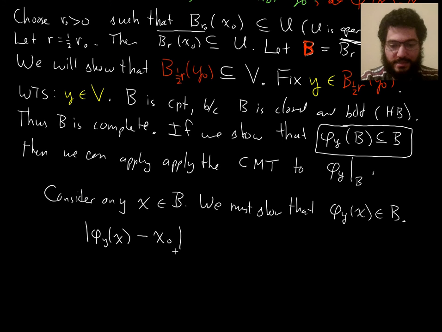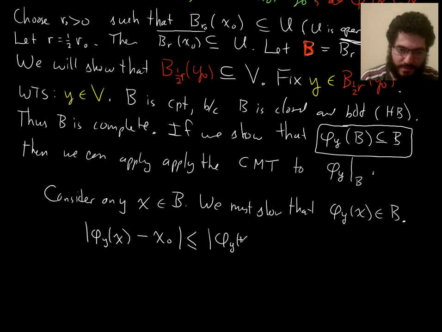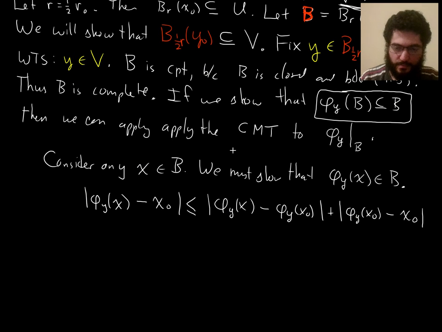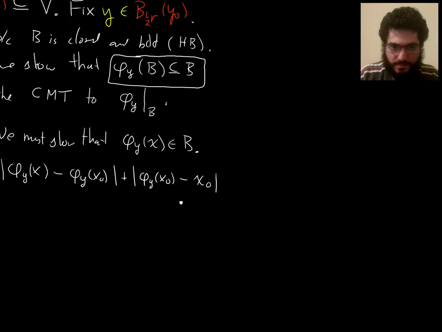So let's analyze this. To do this, we're going to bring in a middleman and use the triangle inequality. So we'll look at phi sub y on x minus phi sub y on x naught. That'll be the middleman, phi sub y on x naught. Let's compute this term on the side separately here.